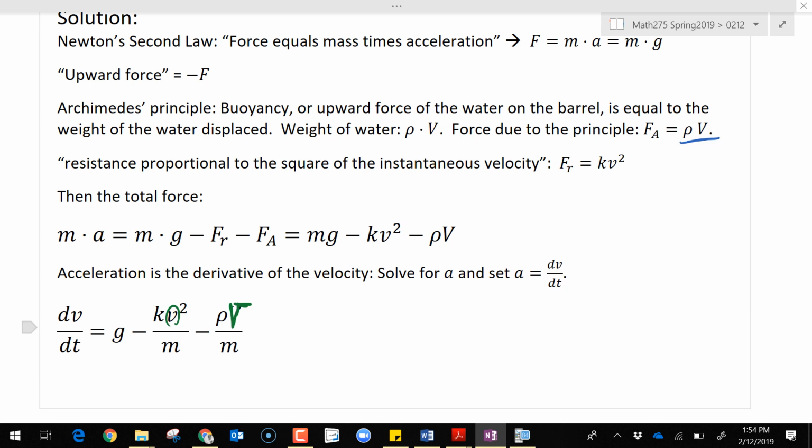So how would you solve for this? Yeah, it's separable, there's no t.